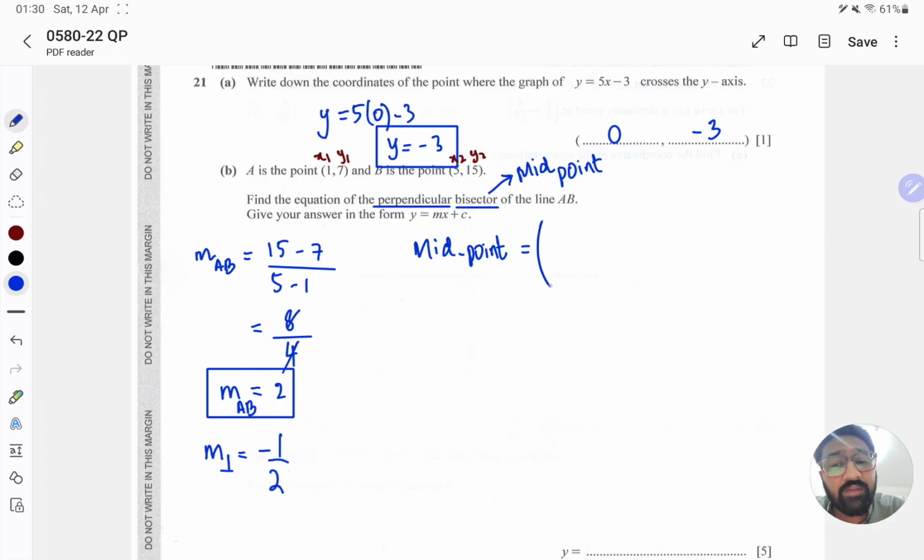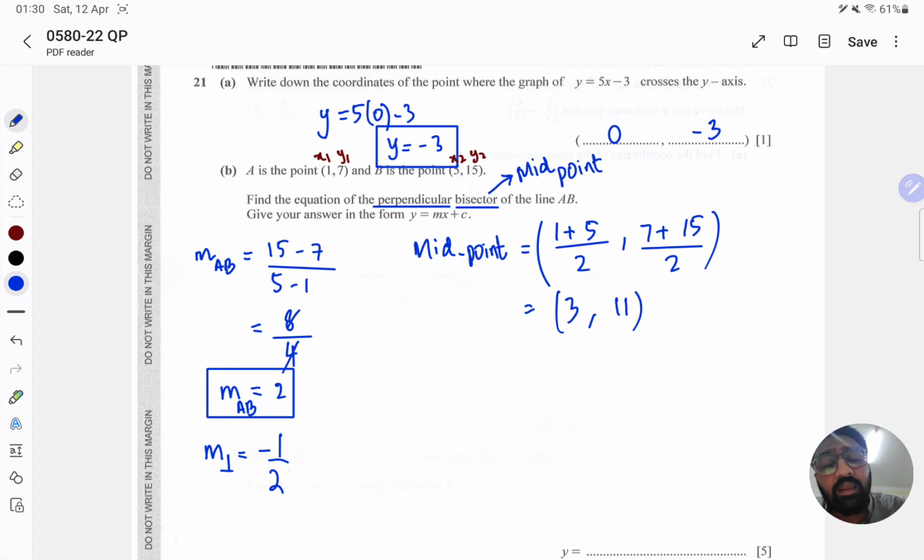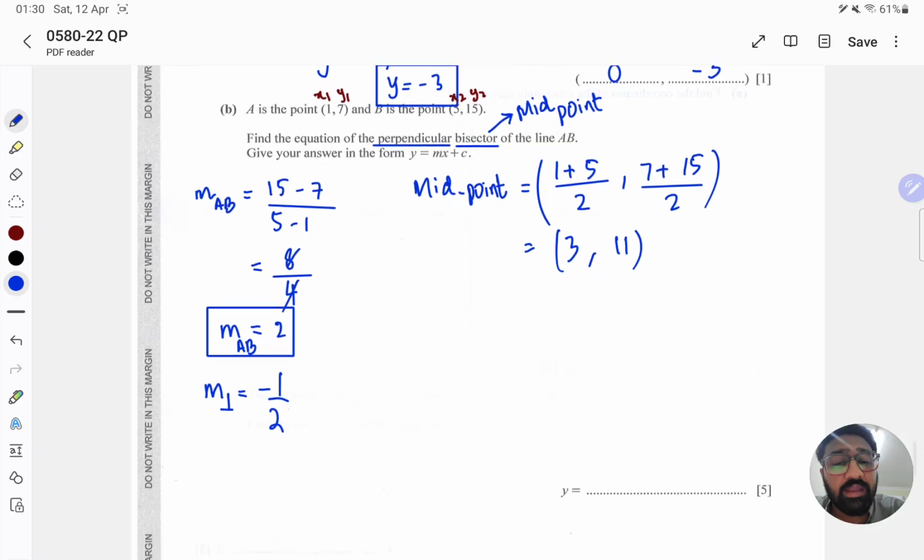Just substitute the values here. 1 plus 5 is 6, divided by 2, which is 3, and 15 plus 7 is 22, divided by 2, which is 11. So the midpoint of AB, from where the line is passing, is 3 comma 11.